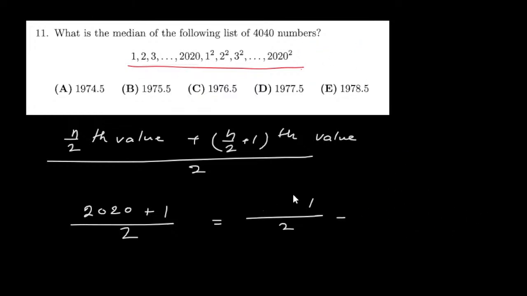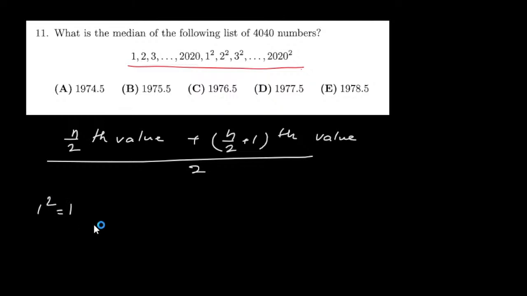So when we are arranging them in ascending order, this 1 square, 2 square, 3 square, 1 square is 1, 10 square is 100, like this, and 40 square, 50 square, 50 square is 2500. 2500 is more than 2020.